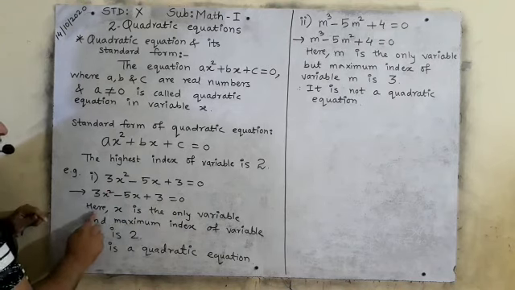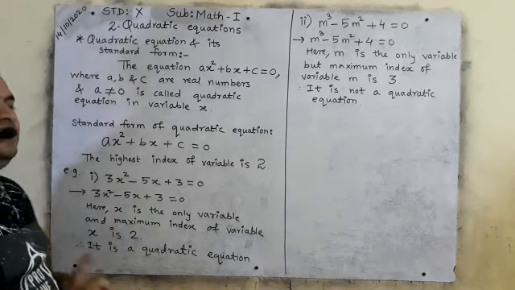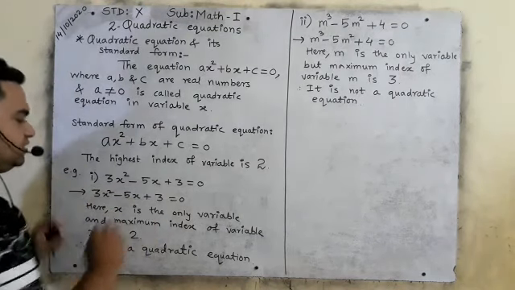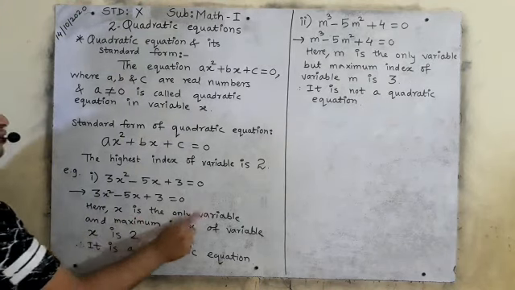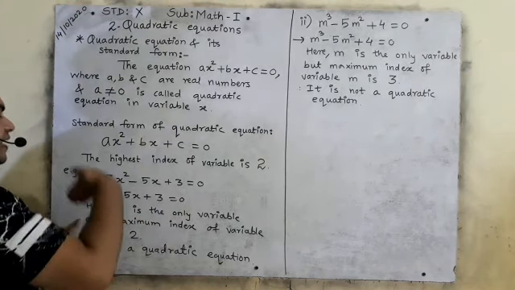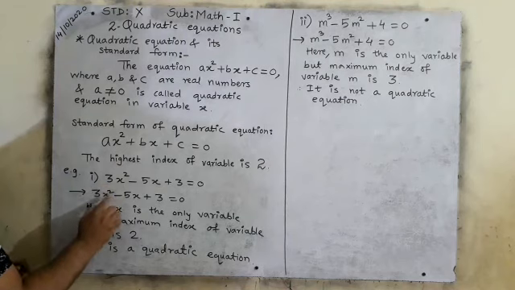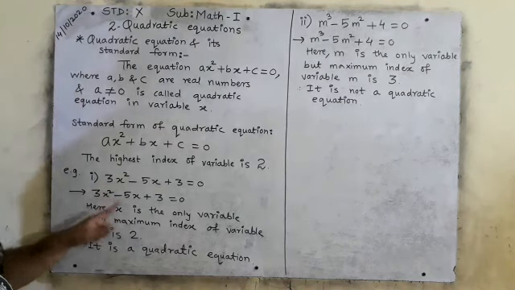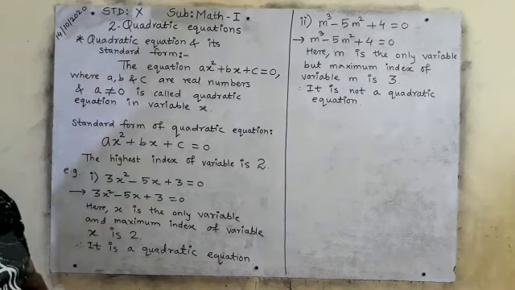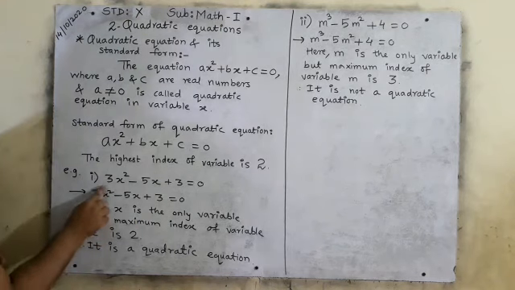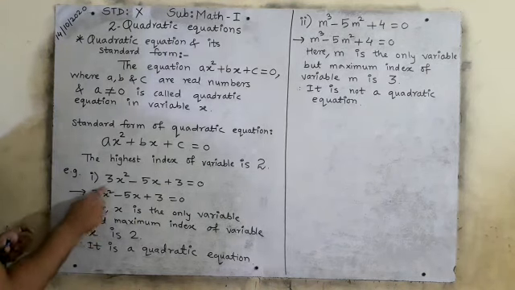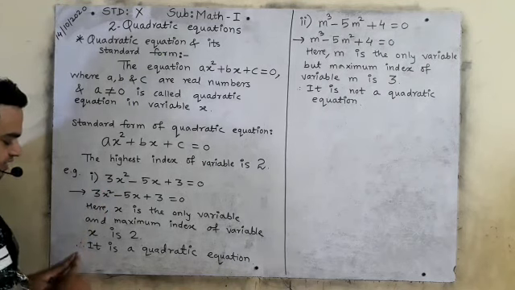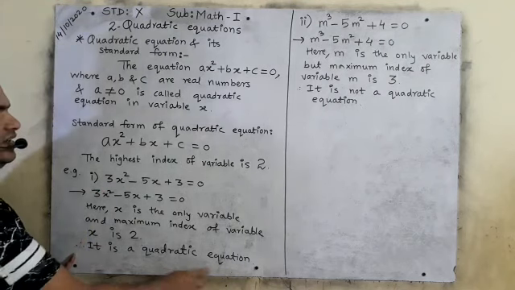Then I will write, x is the only variable, means in this equation only one variable is there, that is x. The maximum index of variable x is 2. Can you see x raised to 2, x raised to 1, and x raised to 0? The highest index of x is 2, therefore we will write it is a quadratic equation.